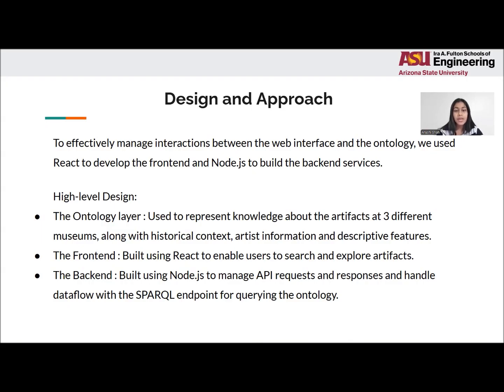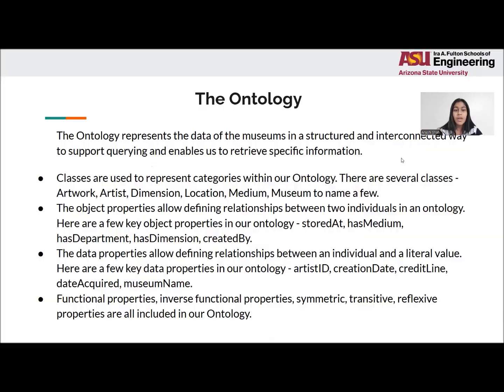Moving forward, I would like to talk about the ontology. Our ontology structures museum data into interconnected classes and properties. Key components include classes such as artwork, artist, medium, and museum, which categorize the data. Then we have object properties, which define the relationships between entities, like created by or has medium.